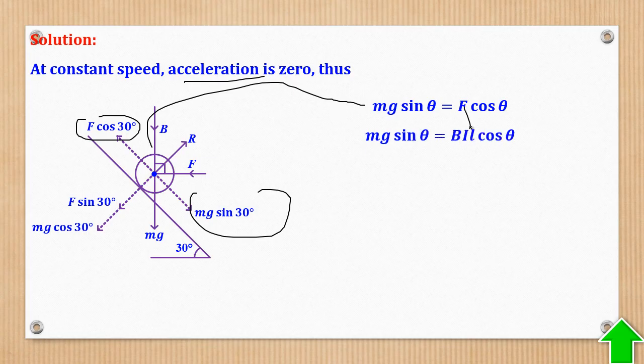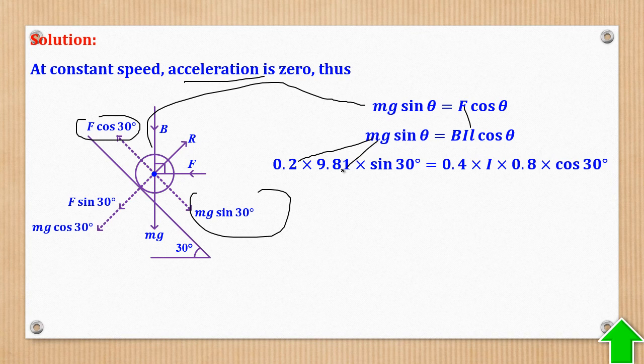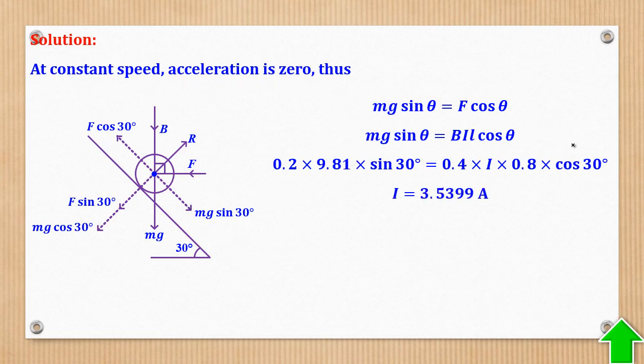But we know that F is BIL. Then come and substitute for m, for g, for theta, B, I we don't know, L, theta. So I is the only unknown, meaning I can get the value of I as that. Then induced EMF is BLV and E is IR.